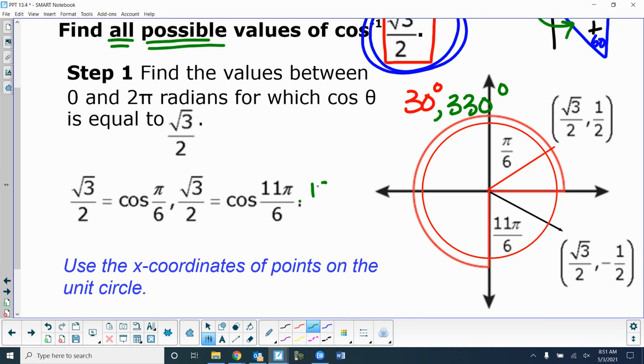If I multiply by 180 over pi, the pi's cancel. 6 goes into 180 30 times. 11 times 30 is 330. So there's my 30 and my 330. So we'll just find our answers in degrees.